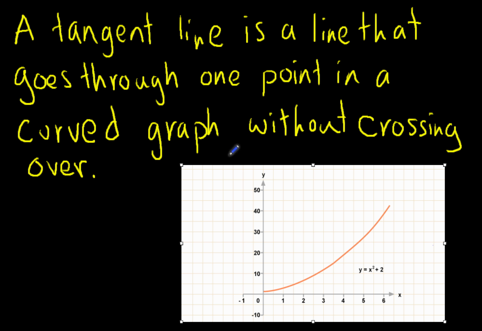For example, on this curved graph, if we pick any point, let's call it point A, a straight line that goes through point A without crossing over the graph or going through any other point is called tangent to point A on that curved graph.